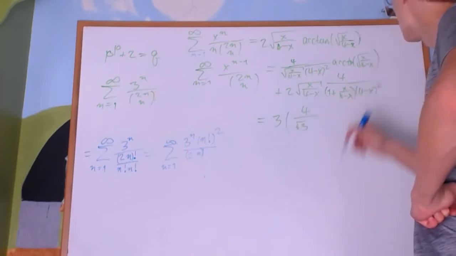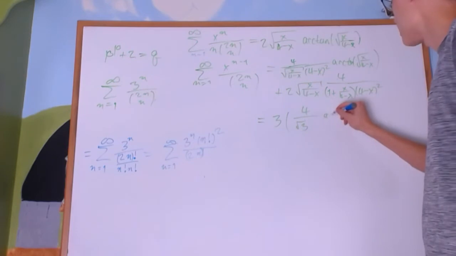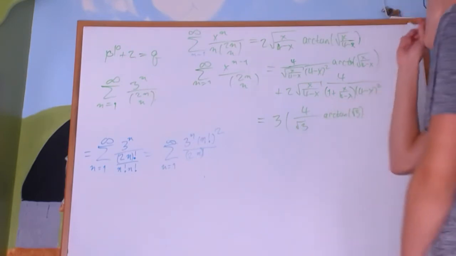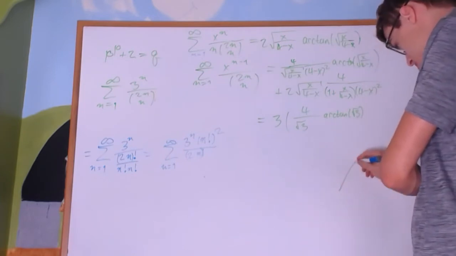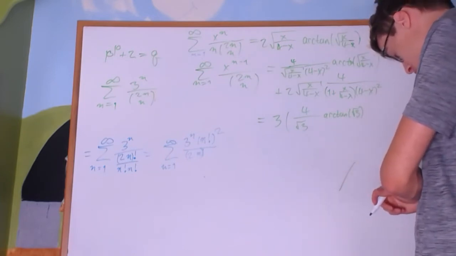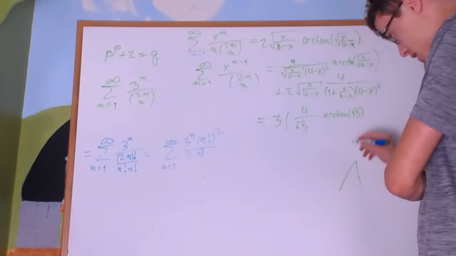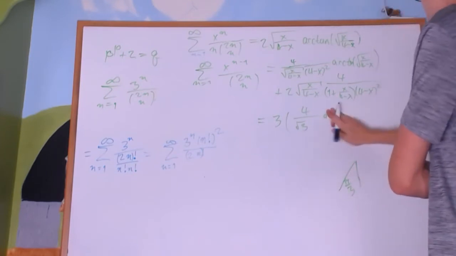Arctan of rad 3 over 1. Arctan rad 3 is pi over something. Rad 3 would be sine of x over cosine of x. Sine of x has to be rad 3 over 2. It's bigger. It's pi over 3. So that's pi over 3 right there.